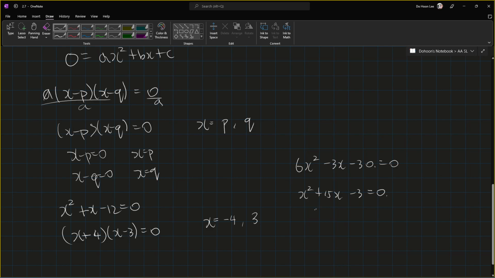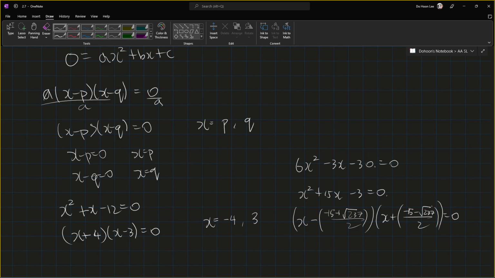It will factor into something like x minus negative 15 plus square root of 237 over 2, and then x plus negative 15 minus square root of 237 over 2 equals 0. Would you like to factor it? Well, I know I can't do this.